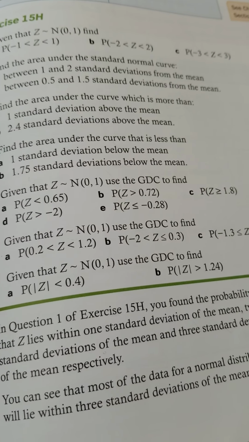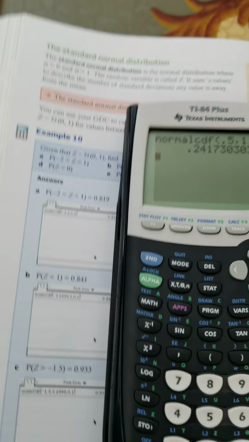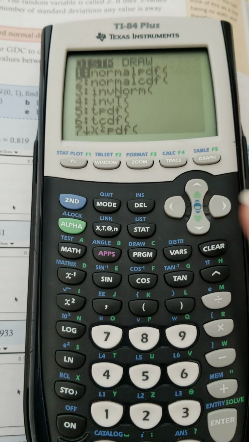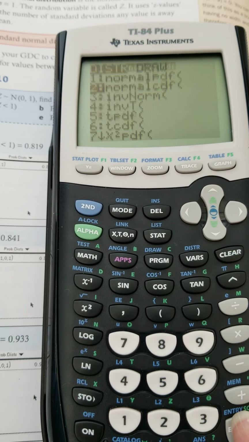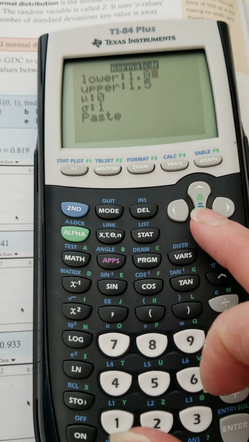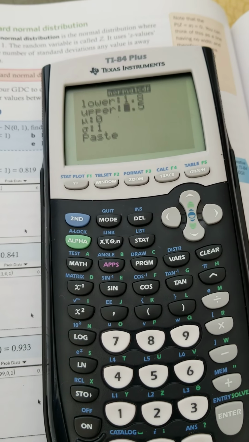Okay, so to do C, we want the probability Z is greater than or equal to 1.8. So I'm going to come back over here. I'm going to go second, vars, normal CDF. This time my lower limit is 1.8. And I want my upper limit to be big enough that I catch everything that's possibly to the right.